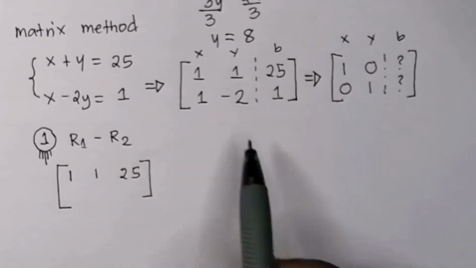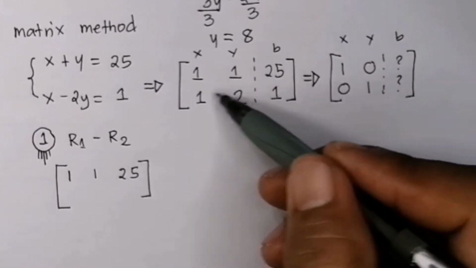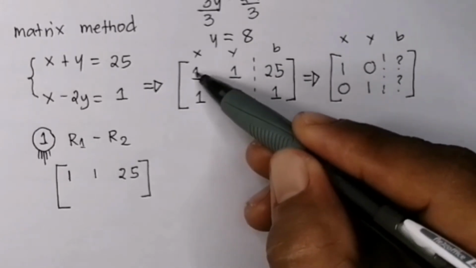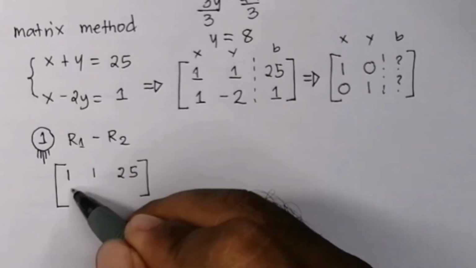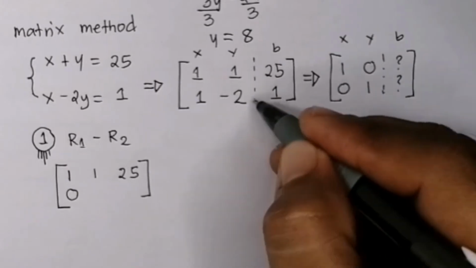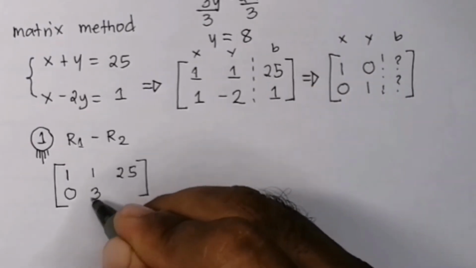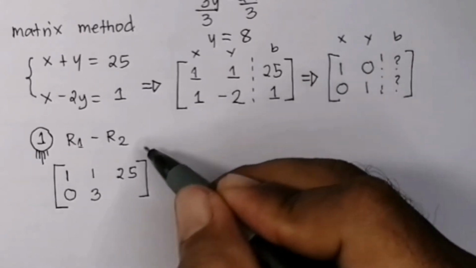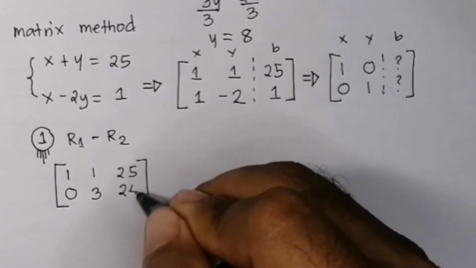Then let's do the simplification in this process. So 1 minus 1, because row 1 minus row 2, 1 minus 1 is 0. That is the difference. 1 minus negative 2 becomes 1 plus 2, that is 3. 25 minus 1 is 24.